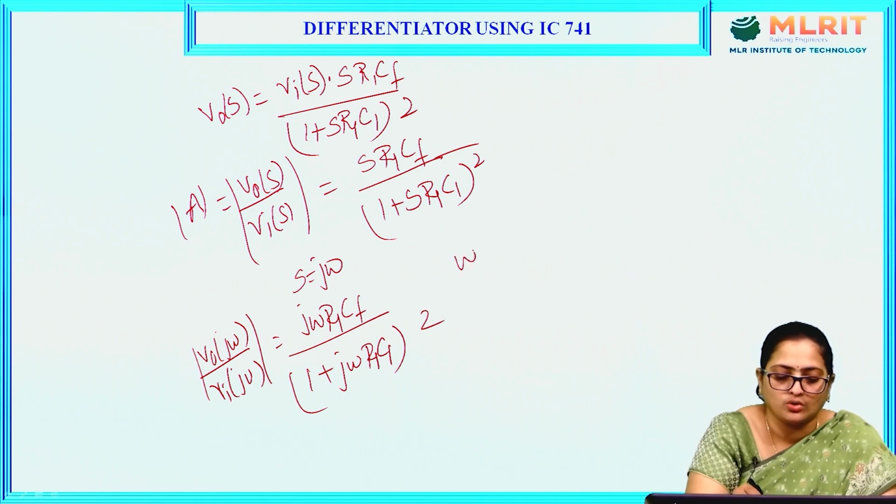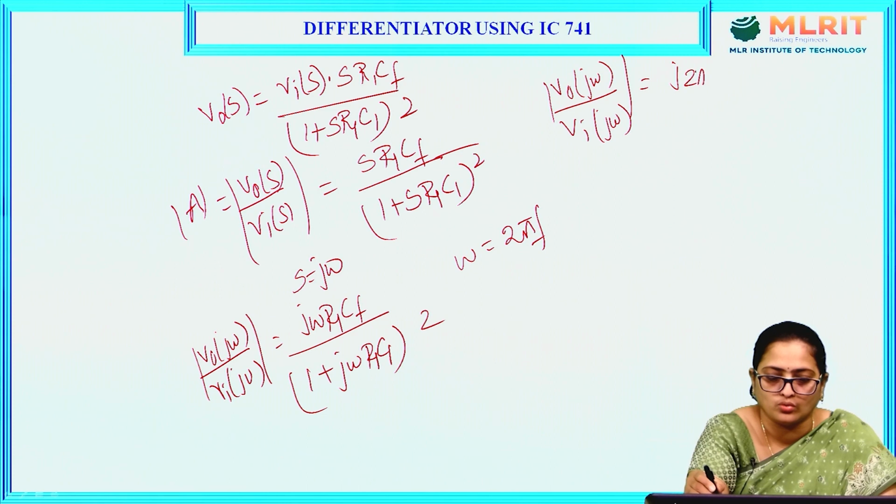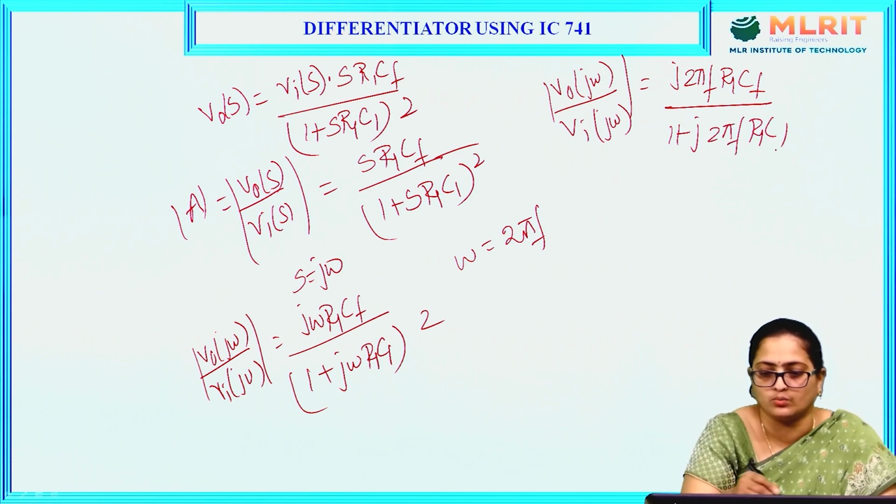As we know that omega equals 2 pi f, you can write this as magnitude of V naught of j omega divided by Vi of j omega equals j into 2 pi f into R1 CF divided by 1 plus j into 2 pi f into R1 C1.